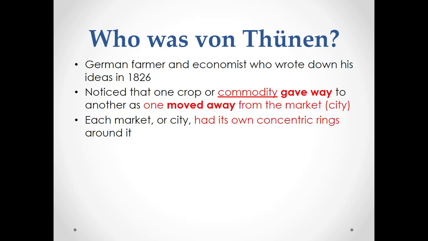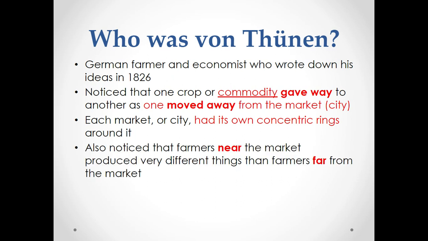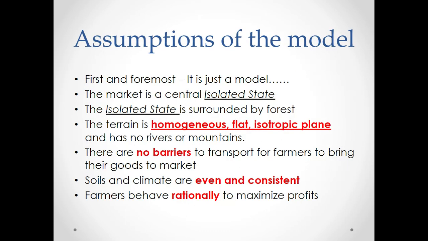Concentric rings are like circles upon circles, an outermost circle, an innermost circle, and so on, getting closer and closer. Think of it like Russian nesting dolls. He also noticed that farmers near the market produce very different things than farmers far away from the market. So let's remember the assumptions of the model.